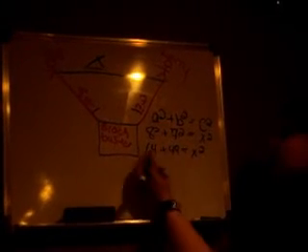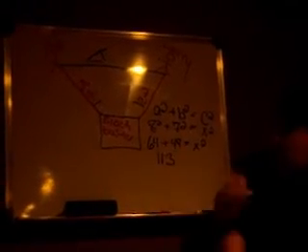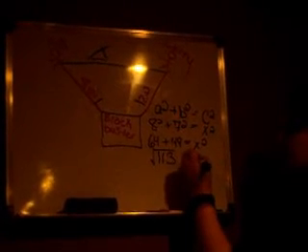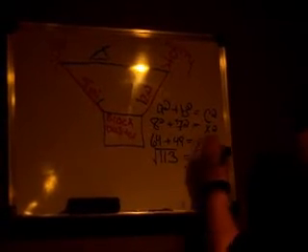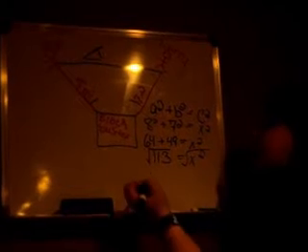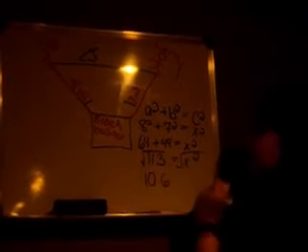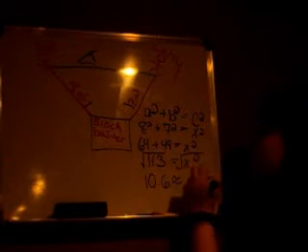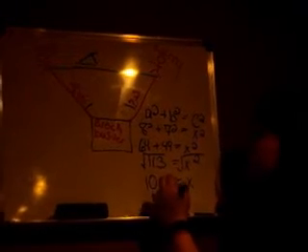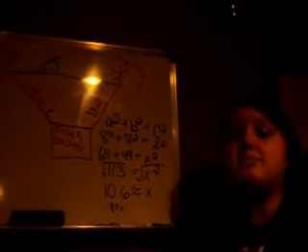Now together, this equals 113. So you're going to square root 113 to get x. Okay, so the square root of 113 is about 10.6, so x equals about 10.6 miles. They're 10.6 miles from each other.